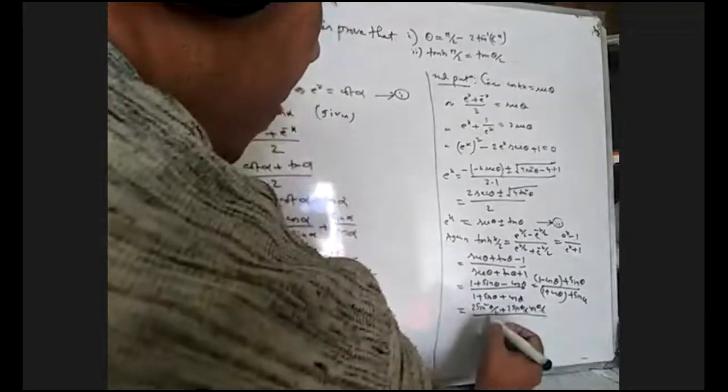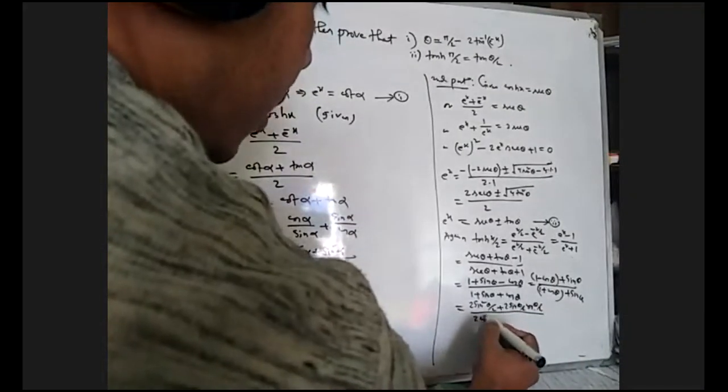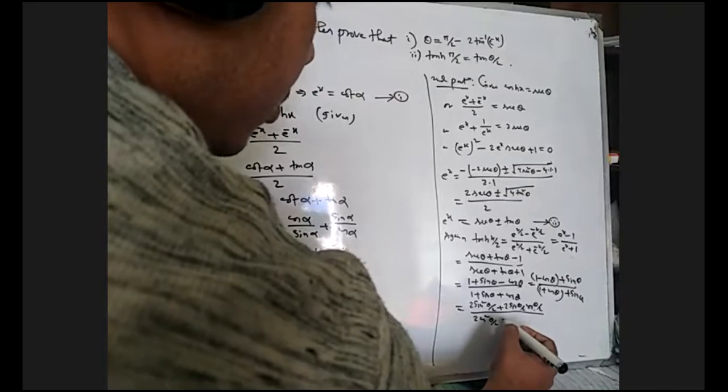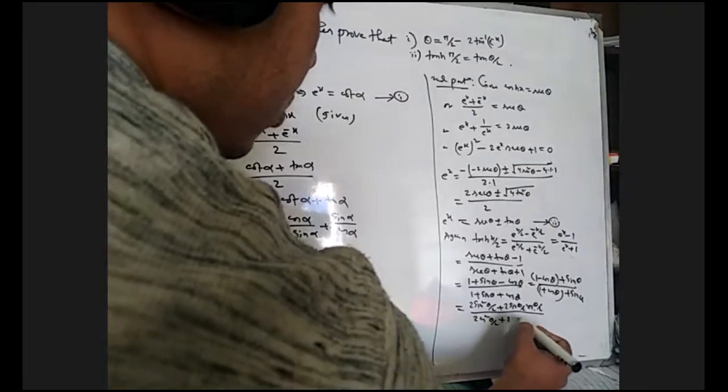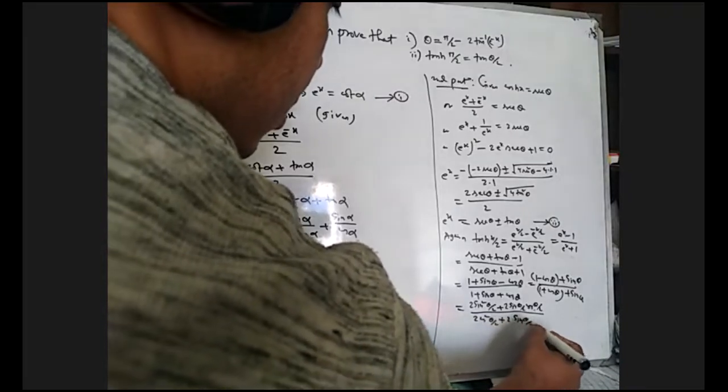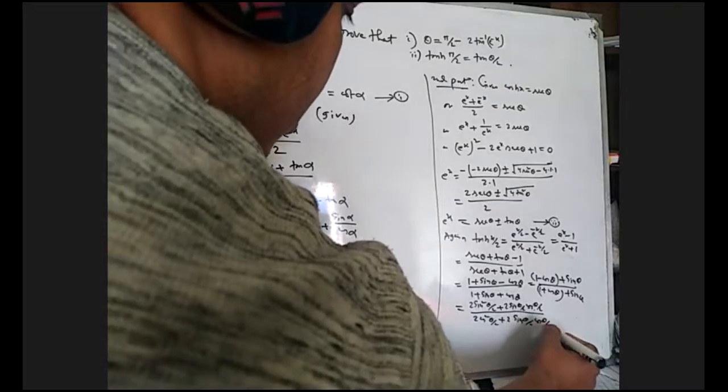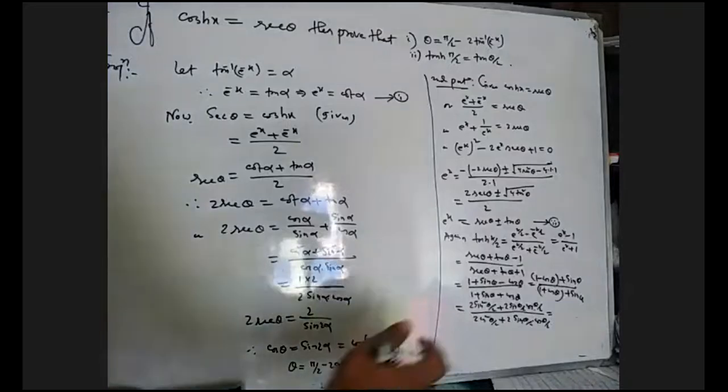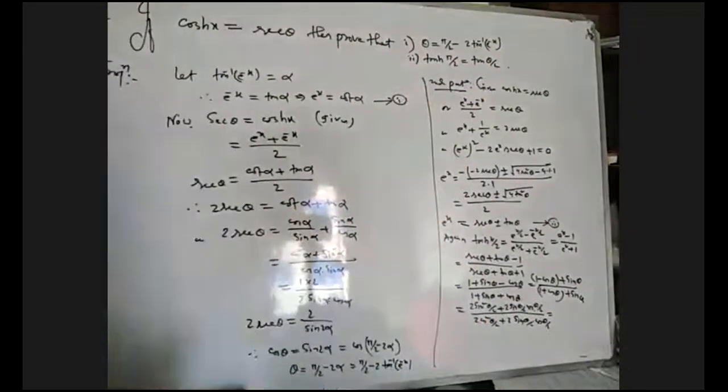Similarly, in the denominator 2 cos squared theta by 2 plus 2 sin a cos a. Here 2 sin theta by 2 and 2 cos theta by 2 are common, and the other terms cancel.